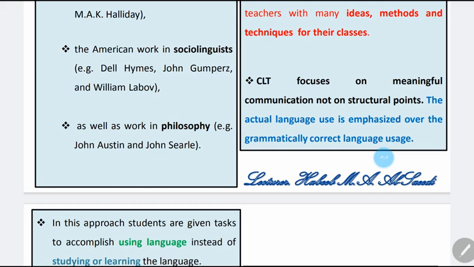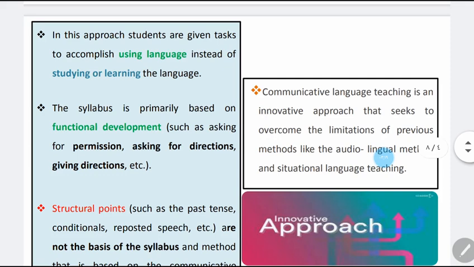CLT focuses on meaningful communication. The actual language use is emphasized over grammatically correct language usage. The use of the language is more important than mastering the structure of grammar or paradigms. In this approach, students are given tasks to accomplish using the language instead of studying or learning the language.